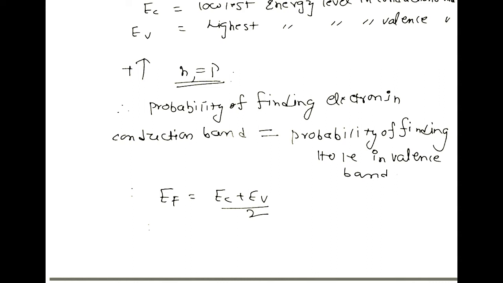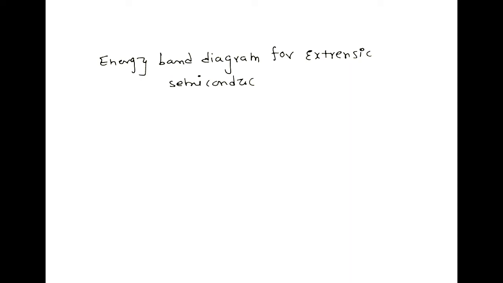Now we will see the energy band diagram for extrinsic semiconductor. When impurities are added to an intrinsic semiconductor, it becomes an extrinsic semiconductor.